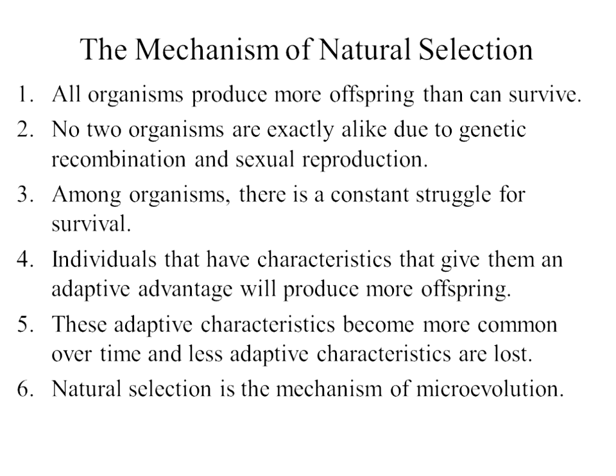These adaptive characteristics become more common over time, and the less adaptive characteristics are lost from that population. So because of this sequence of events, natural selection is the mechanism of evolution. And when we're looking specifically at the change of adaptive characteristics over shorter periods of time, we call that microevolution.